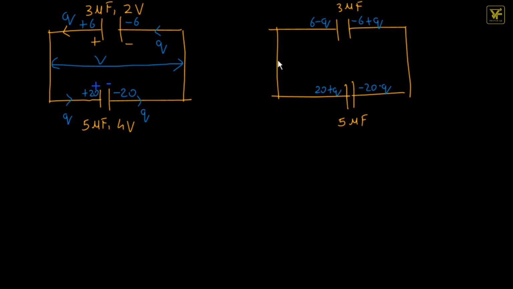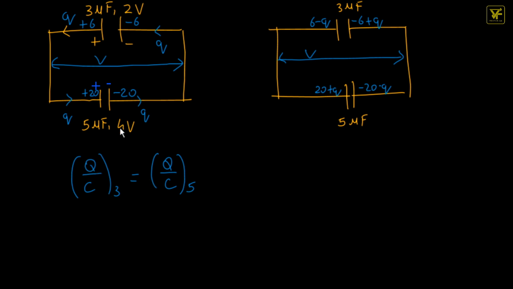Anyway, the common potential is V. So if the common potential is V, that means the potential difference across both of them is V. Potential difference can be written as Q by C, right? So Q by C on the 3 microfarad capacitor should be equal to Q by C on the 5 microfarad capacitor, because Q by C is potential. Now what is this Q?